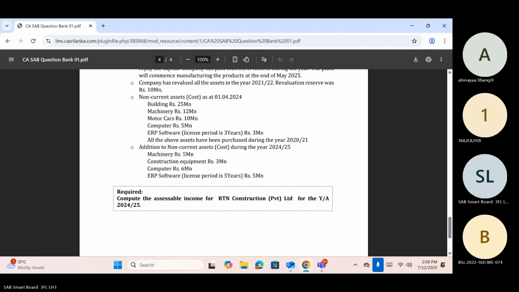Computation of taxable income from business, general fund, 2024-25 in LKR.